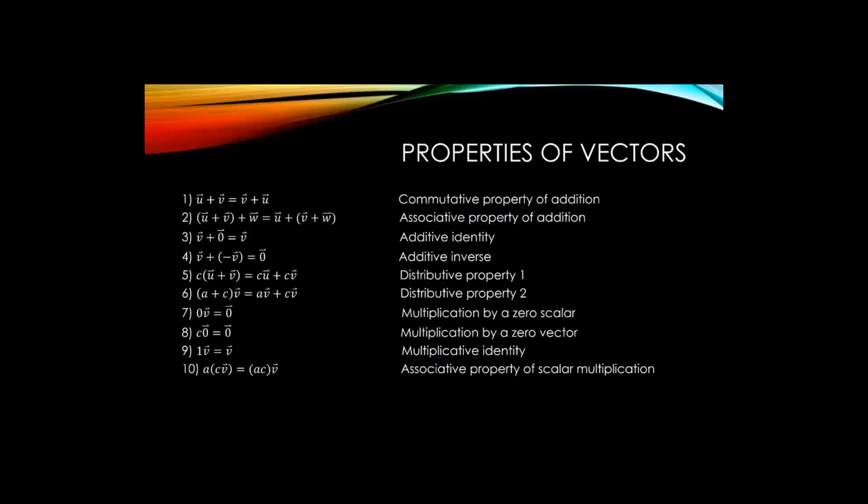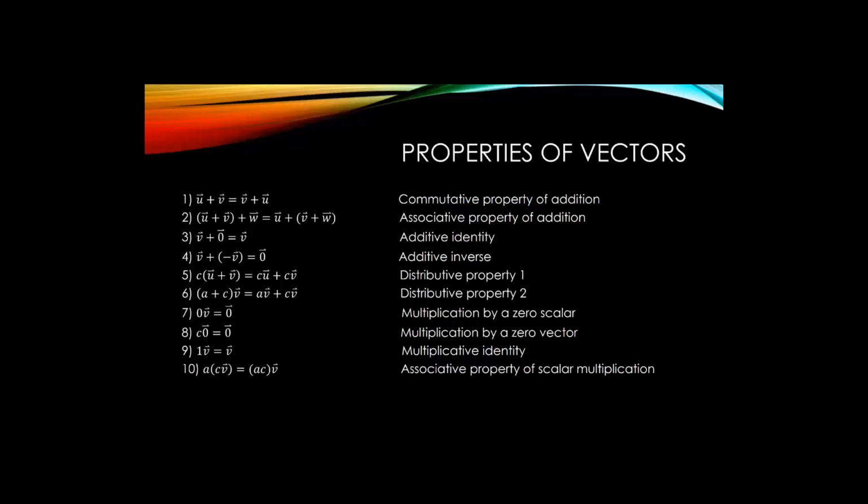There's the distributive property, where I distribute a scalar to two or more vectors that are being added together. And there's the distributive property, where I may distribute a vector to two scalars that are being added together. There's the multiplication by a 0 scalar, which gives me the 0 vector, and there's the multiplication by a 0 vector, which gives me a 0 vector as well.